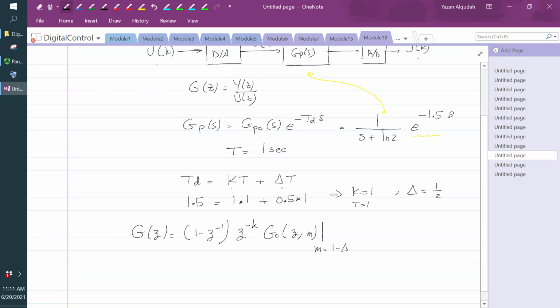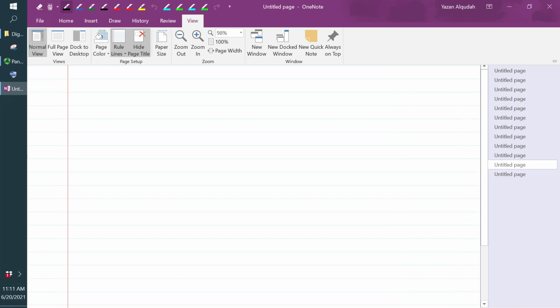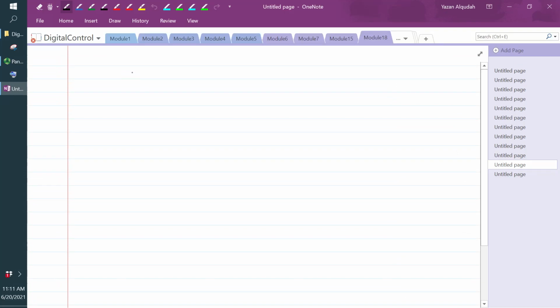So in this case, gp0 of s divided by s, where gp0 is with no delay. So I'm going to take the term of the transfer function without the delay, 1 over s multiplied by s plus natural log of 2. This is the transfer function.